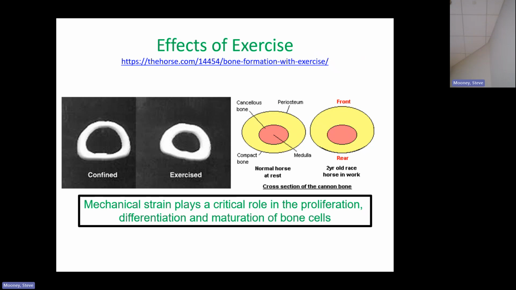Depending on which way the forces go, we're going to maybe on the front put a little bit more or maybe less. So a normal horse here with race work, this particular bone is going to put more on the front to resist whatever problems we have or the forces that we're dealing with. Whereas in the back, we might be something similar to what we started out with.